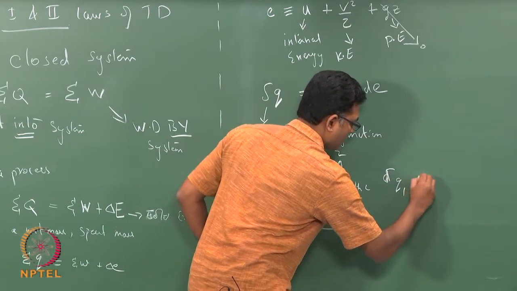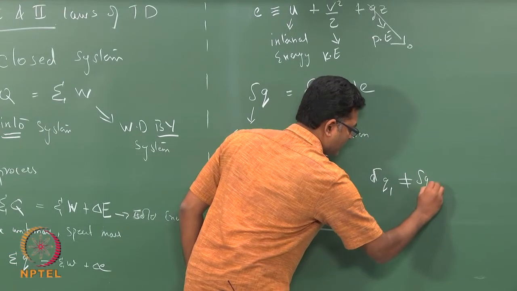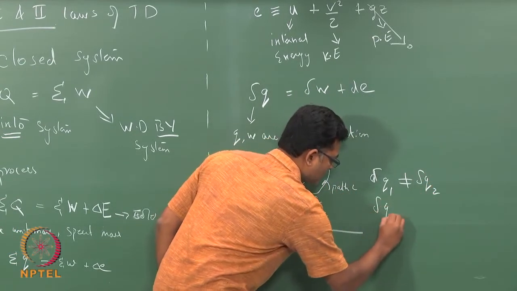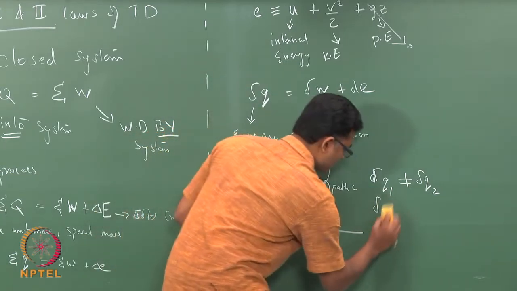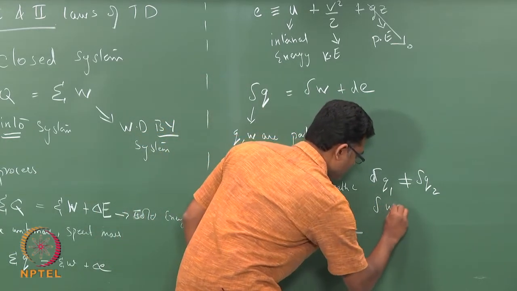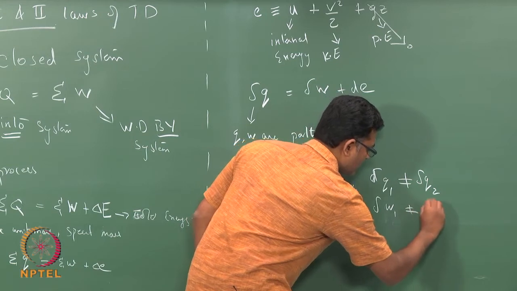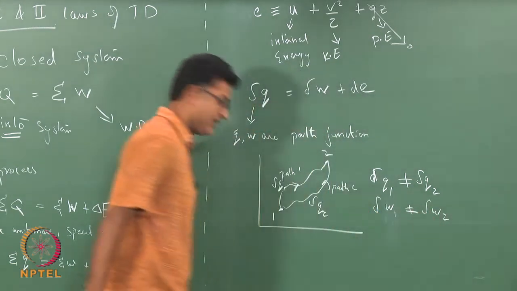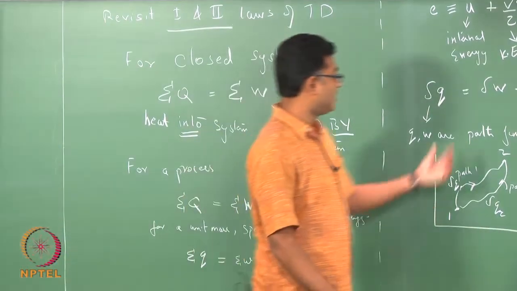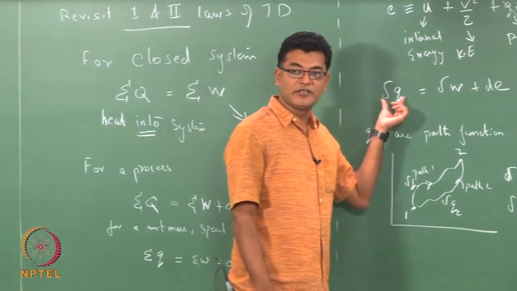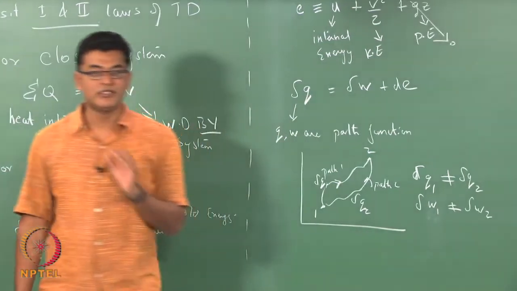Likewise, the work done is also not the same, which essentially means they are path functions, and hence any incremental change is denoted by delta Q and not dq.